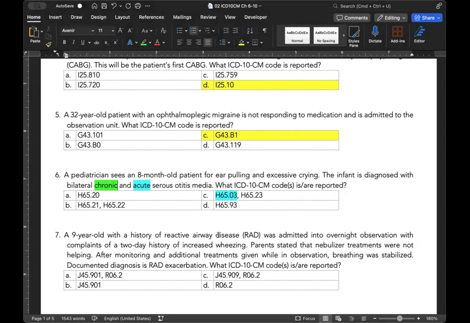In the alphabetic index, underneath otitis, non-suppurative, chronic, and serous, what's our code that we're going to verify in the tabular? H65.2. Yep. And then once you get back to H65.2, what's our code for the bilateral? H65.23. Yep, 0.23.